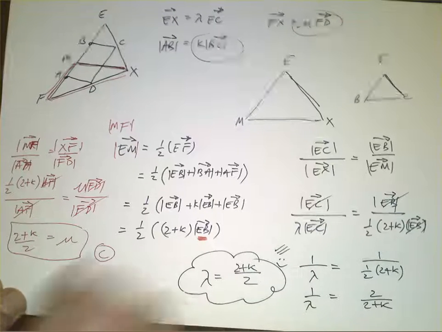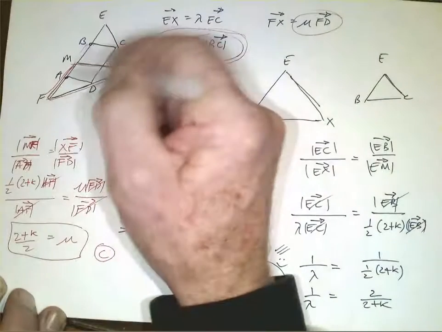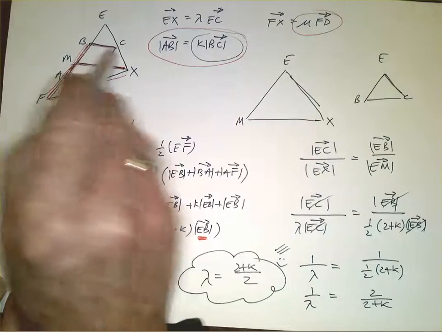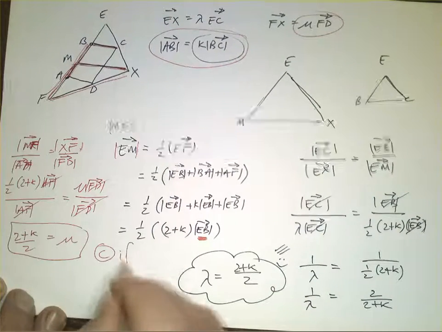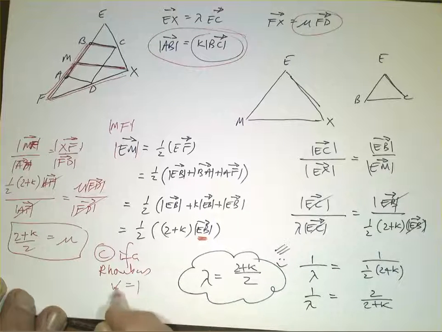Part C then says, for this to be a rhombus, then what is the value of K? Now if this is a rhombus, then K is going to equal 1, because if this is a rhombus, the distance from A to B will equal the distance from B to C. So if a rhombus, K must equal 1.